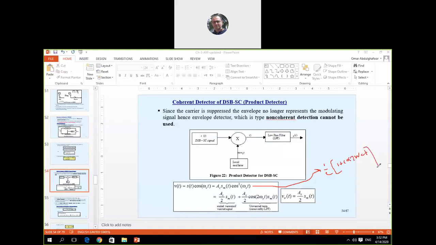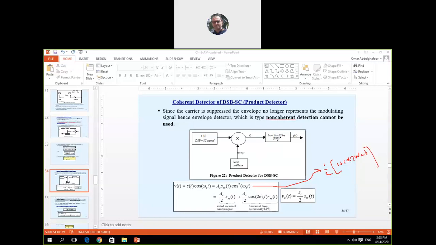Then this cosine squared can be replaced by this one. What I have is A sub c Sm of t divided by 2 multiplied by 1, and then this part, A sub c multiplied by cosine 2 omega c t. So now I have two terms.